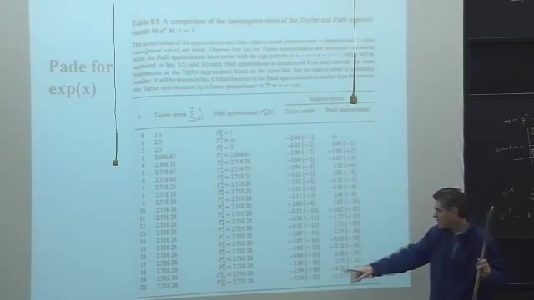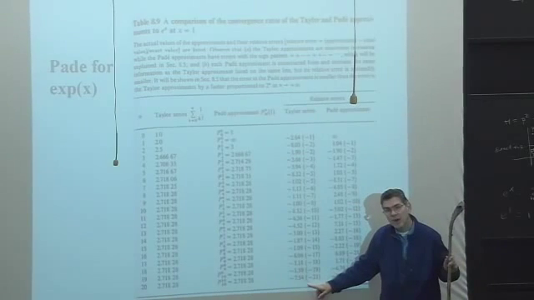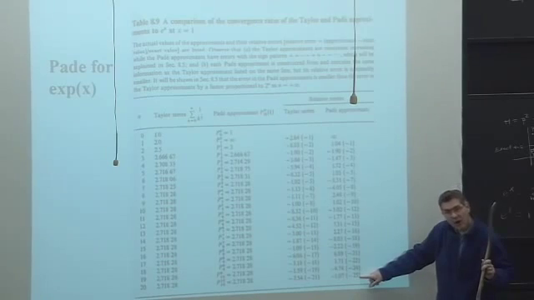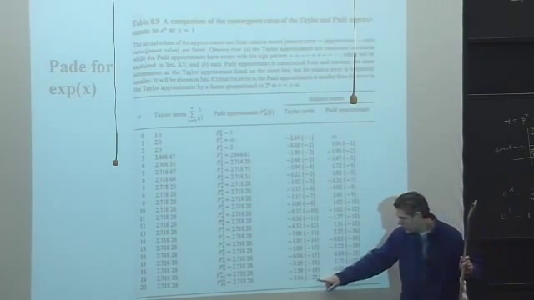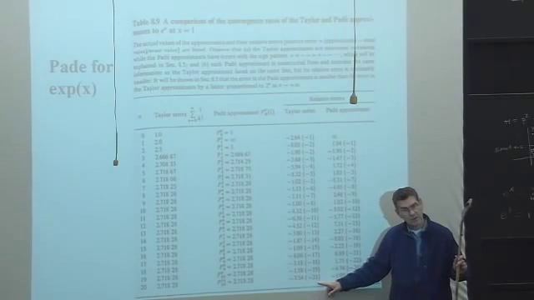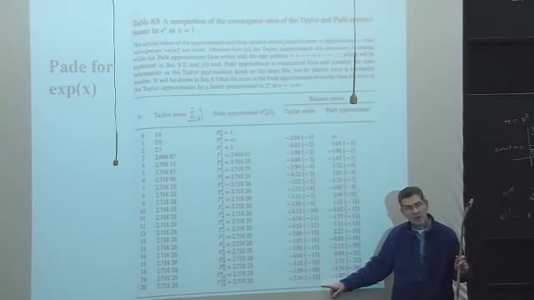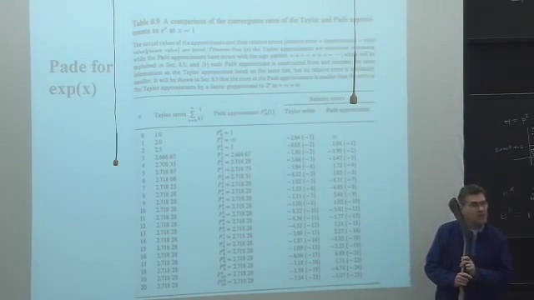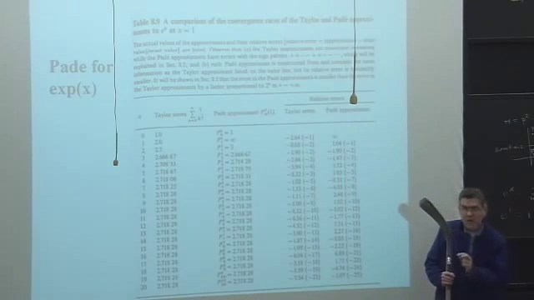If we calculate the 10-10 Padé, the error is 1 part in 10 to the 25, whereas the Taylor series is only accurate to 7 parts in 10 to the 21. So the Padé is about 100,000 times better than the Taylor series. It knows the answer.